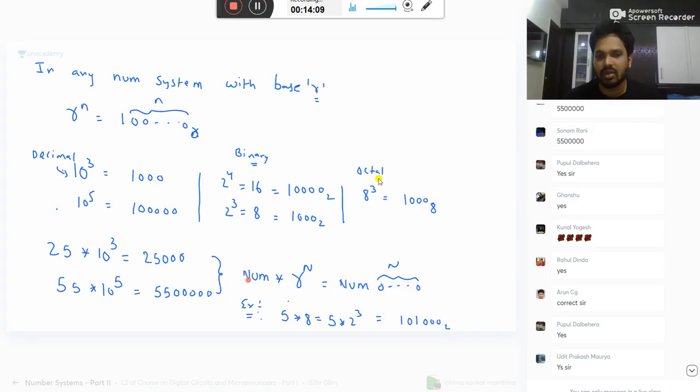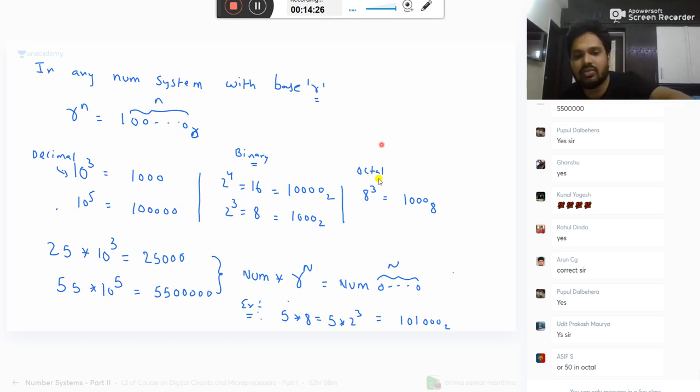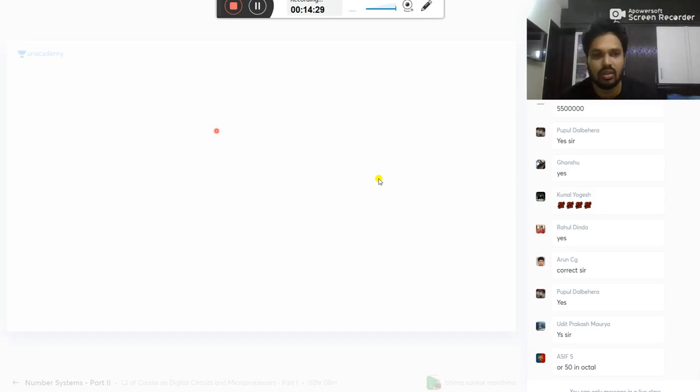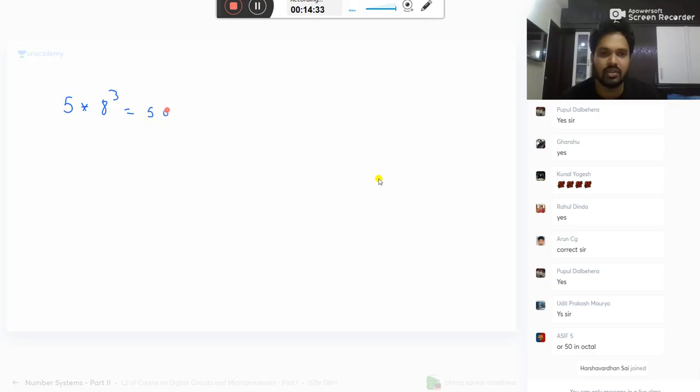In any base, a number multiplied by r power n is the number followed by n number of zeros. In octal, if you multiply 5 into 8 power 3, it will be 5 followed by 3 zeros in octal. If it is 5 into 8, it is 50, correct, Asif?